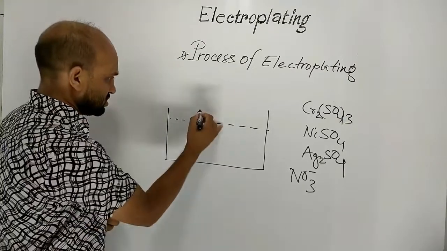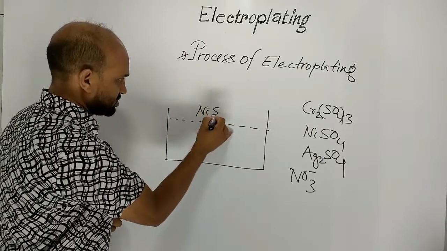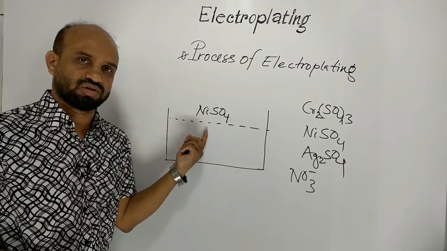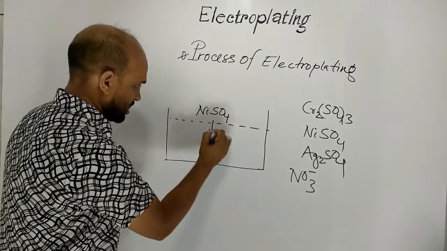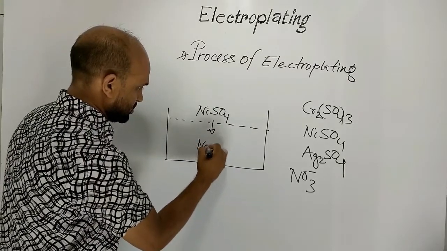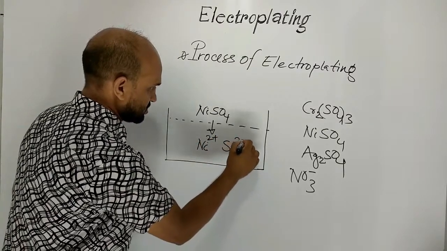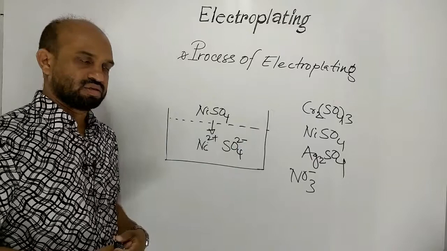Here, suppose nickel sulfate is taken as electrolytic solution that ionizes to nickel and sulfate ions.